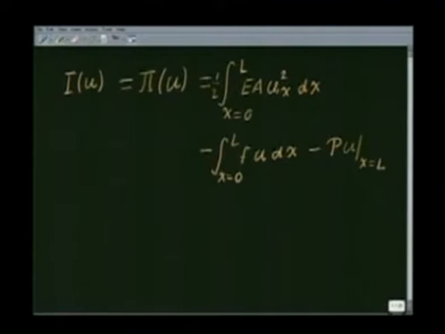What we had said as far as the solution to the problem was concerned, the solution u corresponds to a minimum of this potential pi.